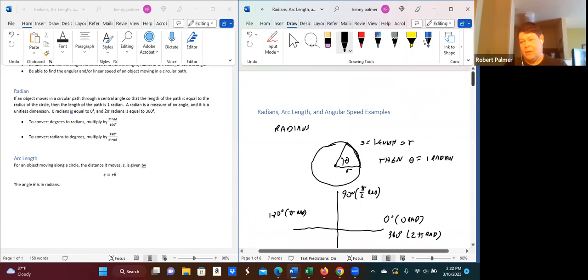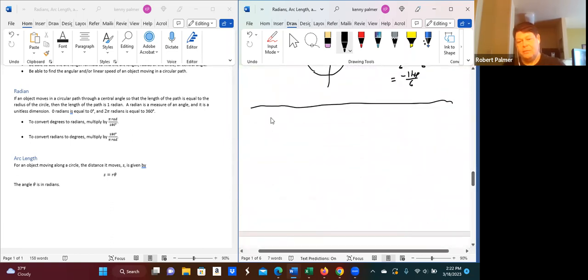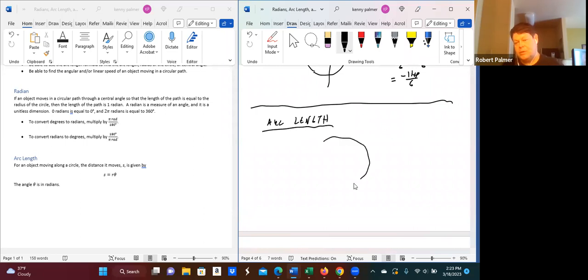Okay. So let's draw a circle the best I can. Here's our central angle. Here's our radius r. So we go any distance, any theta, starting from essentially 0 degrees or 0 radians.